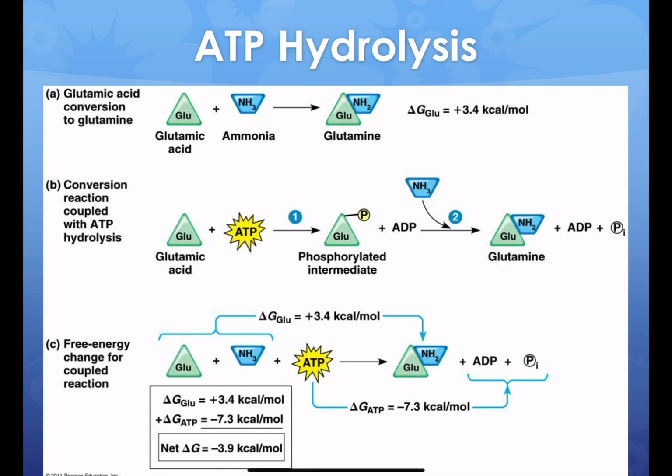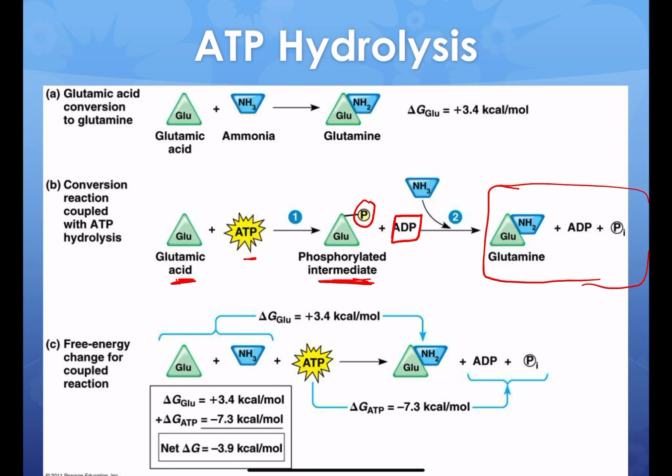So here we have an example. We have glutamic acid, okay, plus ATP. That ATP gets broken down into phosphate plus ADP. And so our phosphorylated intermediate is this glutamic acid, okay? And then once you bring in this ammonia, you get your chemical reaction and your product over here. All right. And so this example also shows energy coupling.